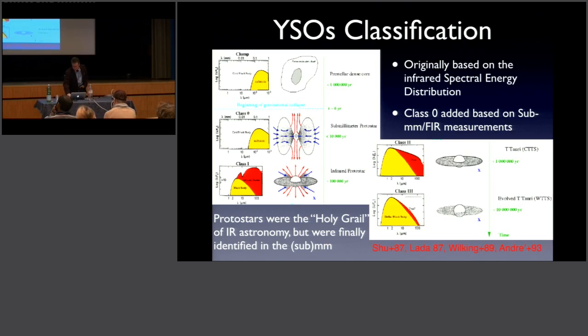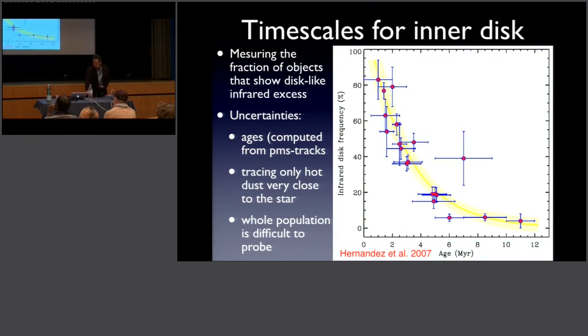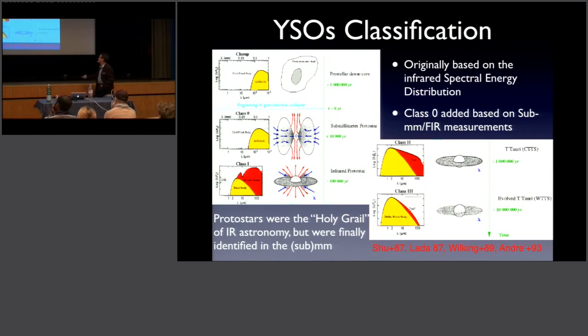So I hope I clarified at least the various phases. From infrared surveys, you basically probe these three phases, and so you get the statistics of sources that are in this phase versus those that are in that phase.